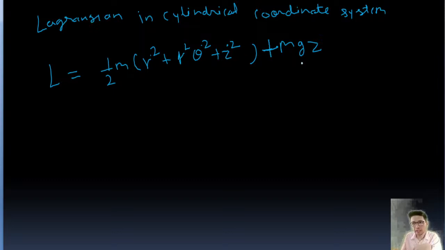Here, because the point mass is spiraling down along negative z direction, we've got the minus sign. Very important, guys, you need to note down. So this is the Lagrangian in cylindrical coordinates.